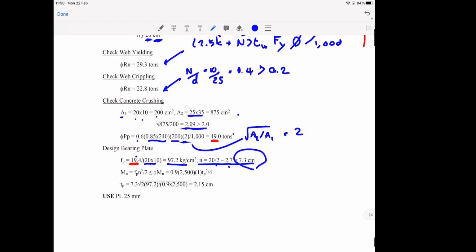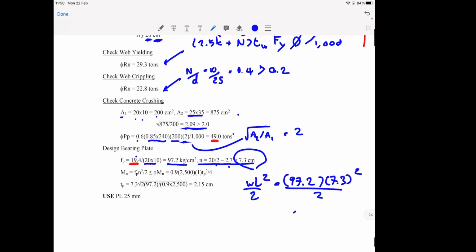So your moment becomes, you know, wL square over 2. Your w is 97.2. Your l is 7.3 square over 2. That's how you get moment.